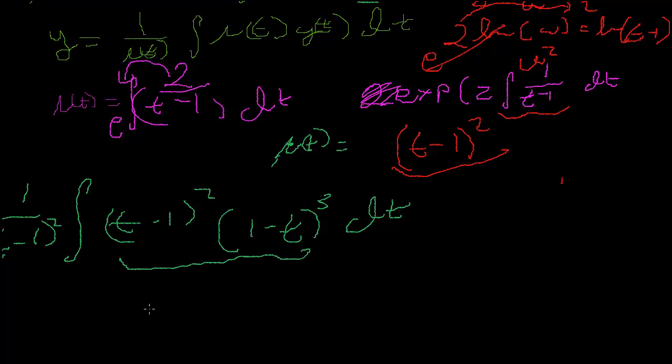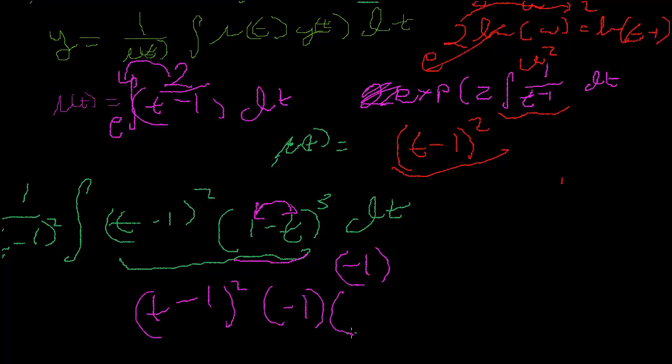If we pull out a minus 1 from this one, that switches these two terms, and then they are the exact same thing. So (t minus 1) squared times (t minus 1) cubed equals the integral of (t minus 1) to the fifth.